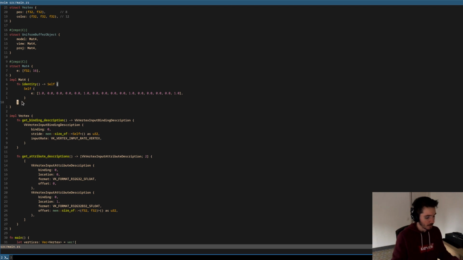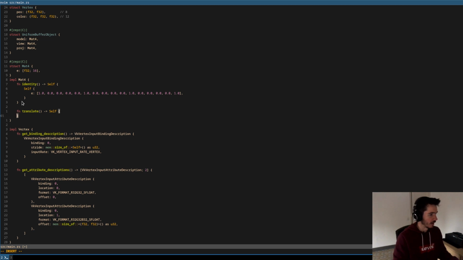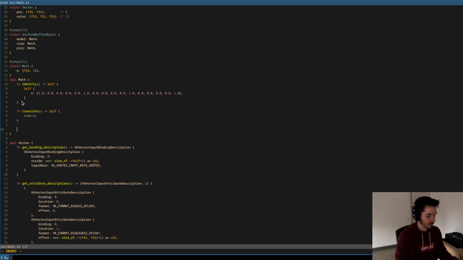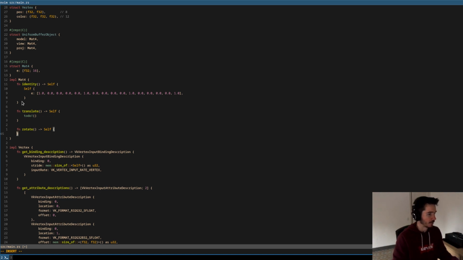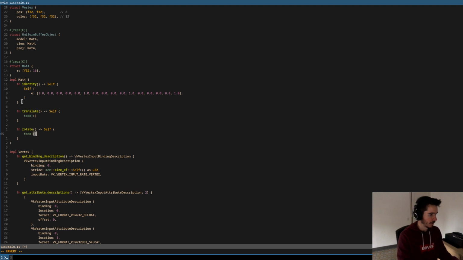So I'm guessing we will be implementing here new methods for like translate and rotate maybe. And this will need to take parameters specifying how we want to rotate or translate. But yeah, that's the idea.